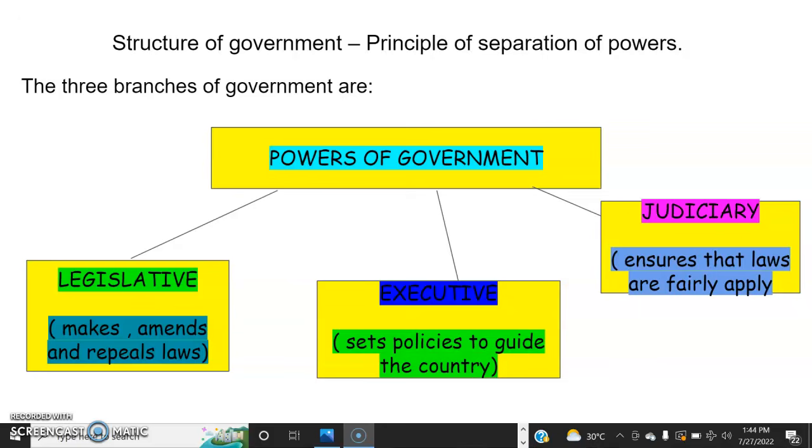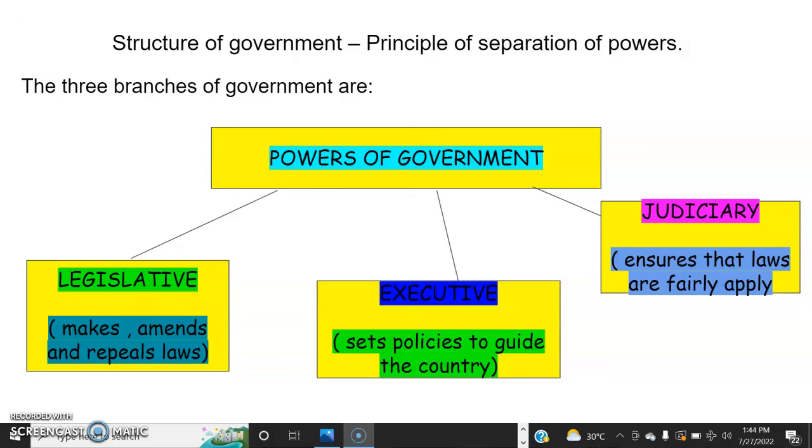Now, you must be wondering, but miss, what are the roles and the functions of these branches of government that you have mentioned? Well, there are many roles and functions of each branch, but specifically the main role of the legislative branch of government of a country is to make, amend, and repeal laws.